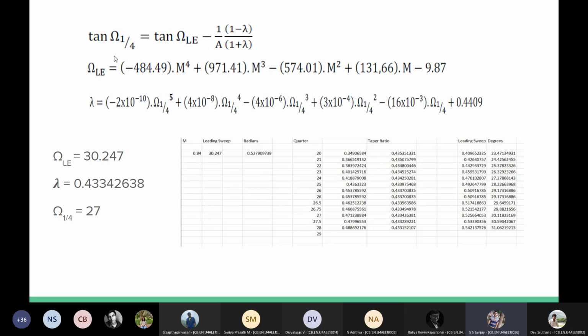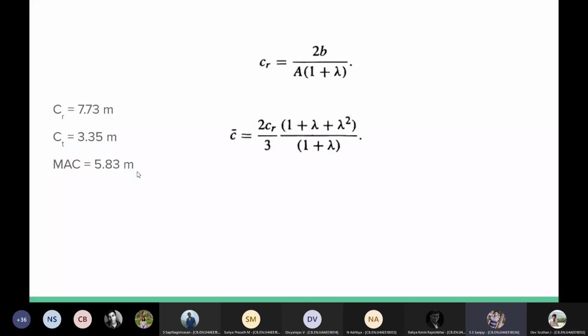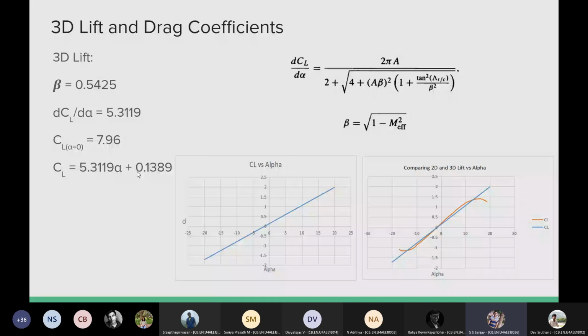Another thing is in your 3D lift curve, CL alpha is 0 at alpha 0. How did you calculate this? Actually, it is minus dCl by d alpha into alpha at 0, I guess.